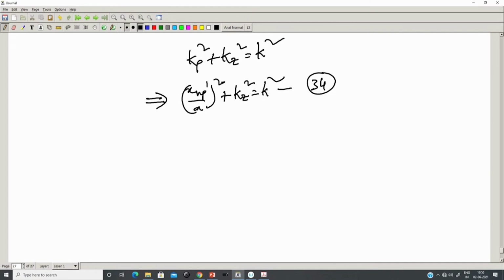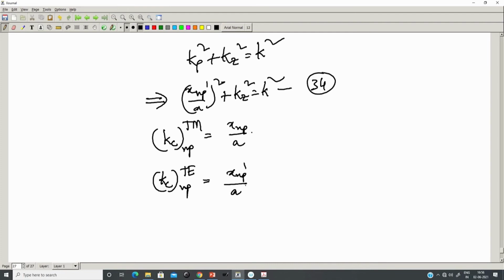So, from equation 30 corresponding to the TM to Z mode, and from equation 34 corresponding to the TE to Z mode, we obtain Kc n p TM as x n p by A and Kc n p TE we can write as x n p prime by A. So, k becomes equal to x n p by A for the TM mode and k becomes equal to x n p prime by A for the TE mode corresponding to kz equal to 0. So, Kc becomes the cutoff wave number.